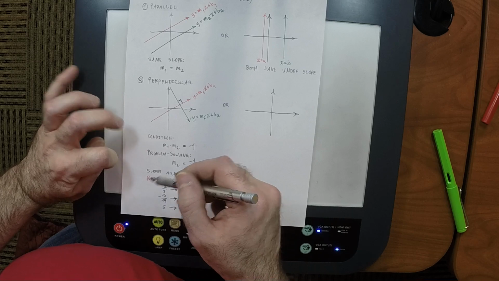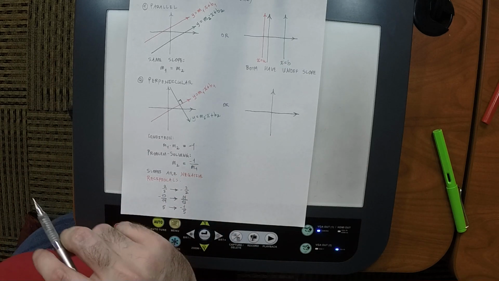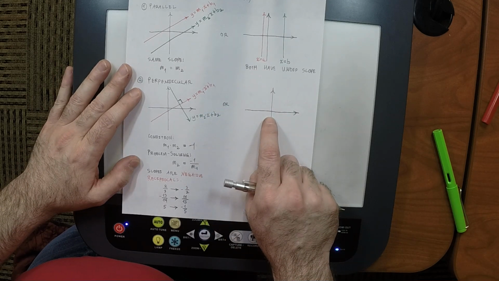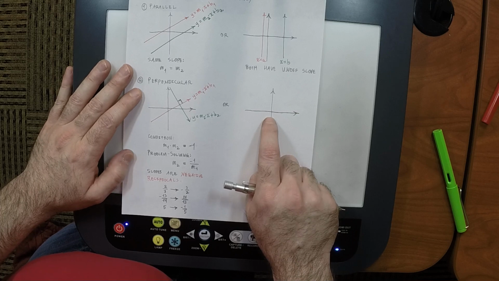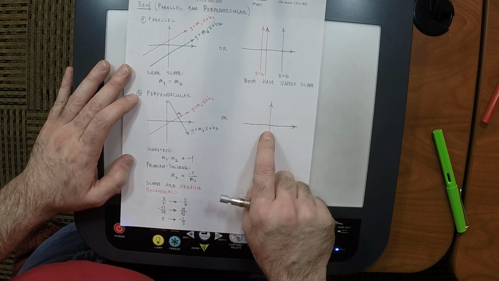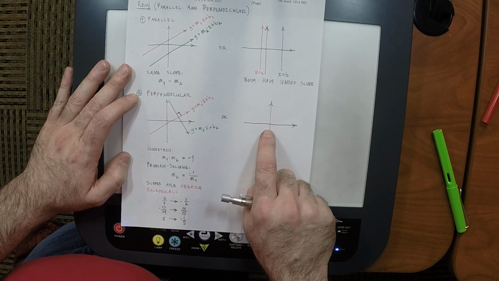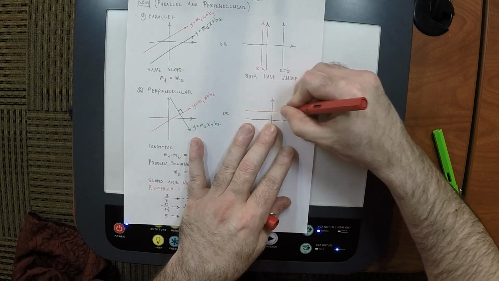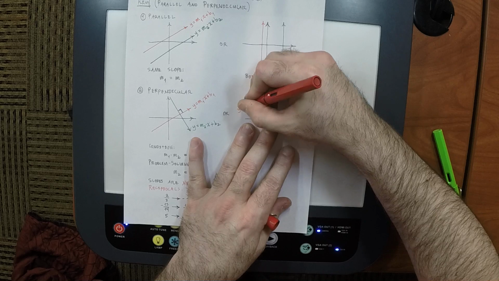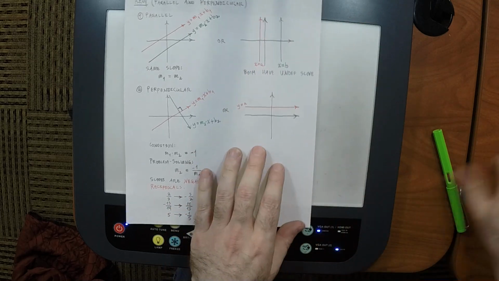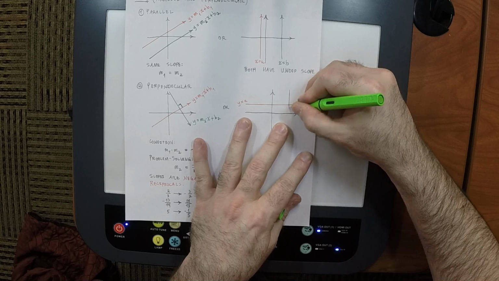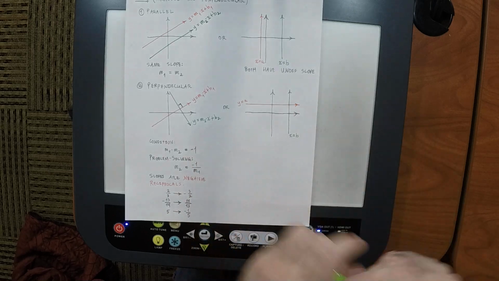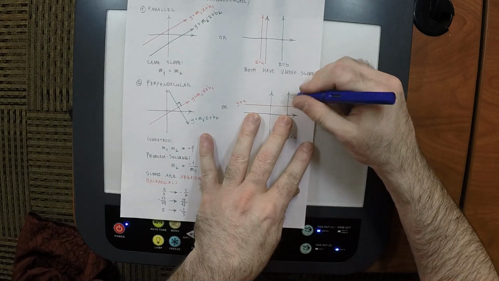Okay? But not all lines have slope. So what is the other possibility here? Right. So we could have a line like this. So maybe this is y is a, say, and this one is x is b. And these are at right angles.